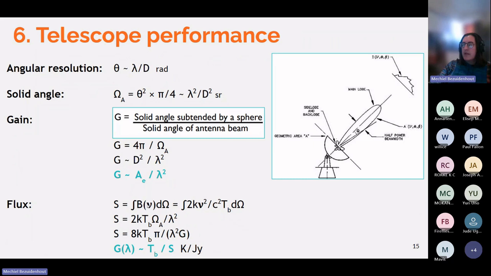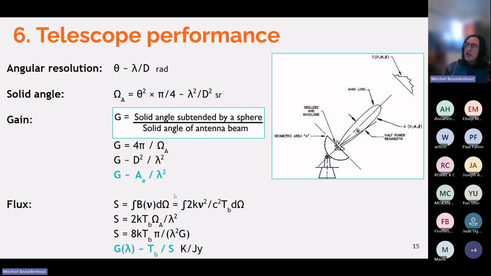Now if we think back to our definition of flux, it's the integral of the brightness over a solid angle. If we substitute the Rayleigh-Jeans law in there, we can rewrite this as a function of temperature, solid angle, and wavelength. If we then solve this equation for the gain, we get that the gain is dependent on the wavelength, and that it's proportional to the brightness temperature divided by the flux, measured in Kelvin per Jansky.